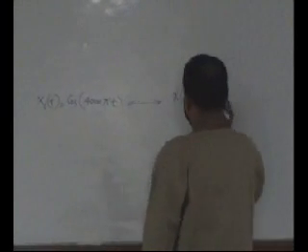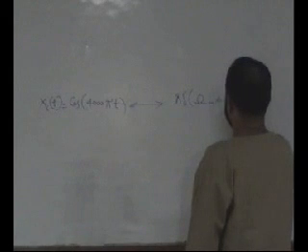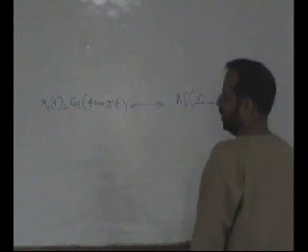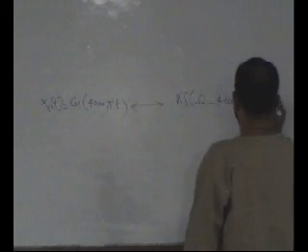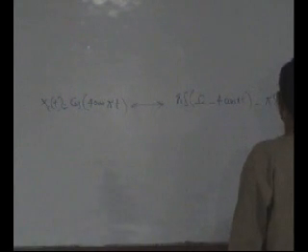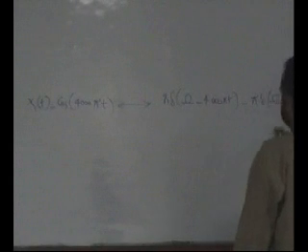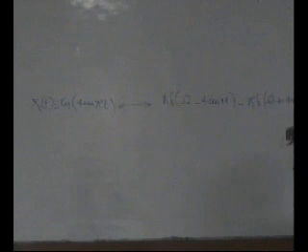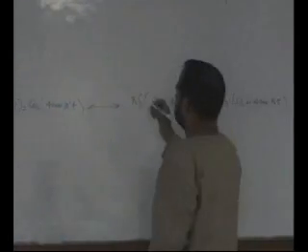The Fourier transform is pi delta(omega minus omega naught), which in this case is 4000 pi, plus pi delta(omega plus 4000 pi). So this is the spectrum of a cosine: an impulse at omega naught and minus omega naught with magnitude pi. That's all you need to know really to do this correctly.